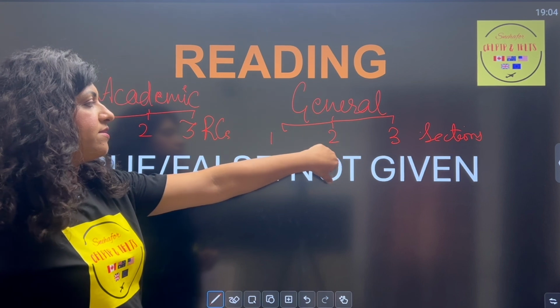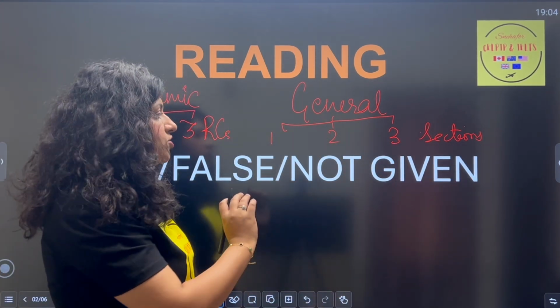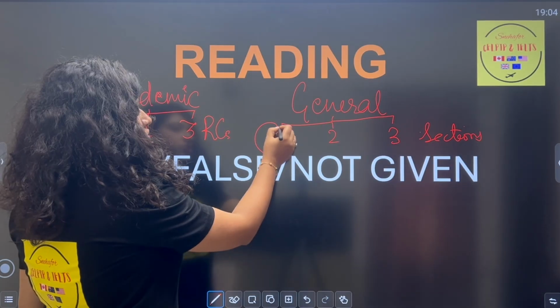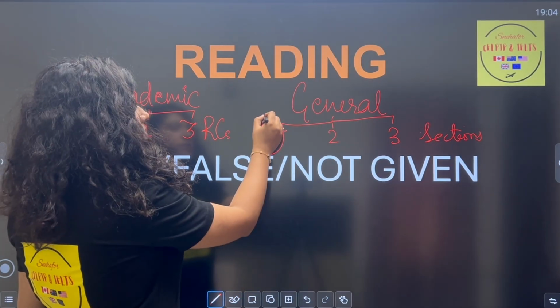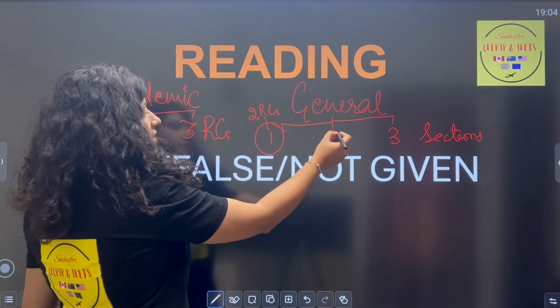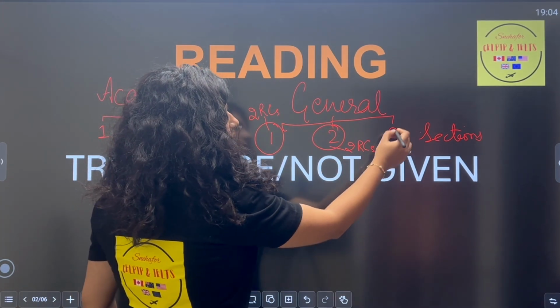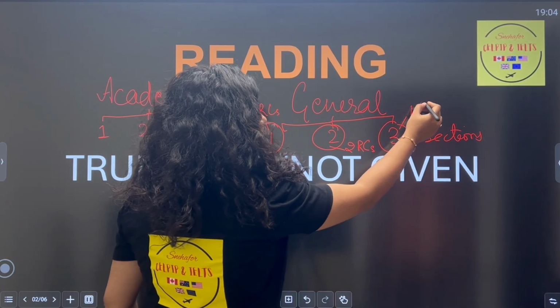So in general, in each of these sections, there are further reading comprehensions. So in section 1 or part 1, you can call it, there are 2 reading comprehensions. In the second section, again, there are 2 reading comprehensions, and in the third one, it's going to be 1 reading comprehension.